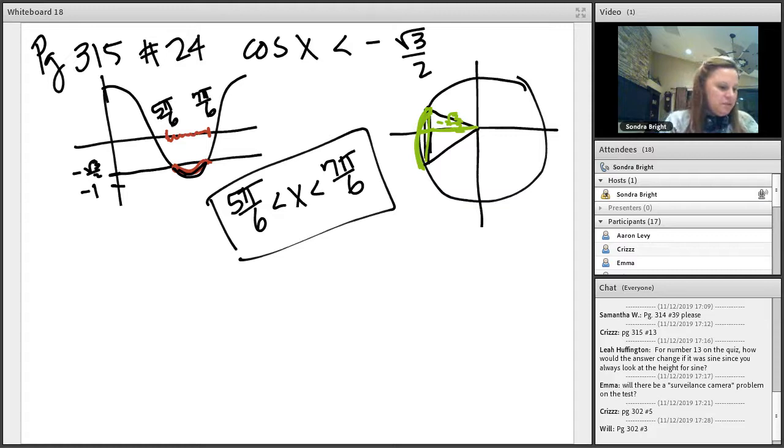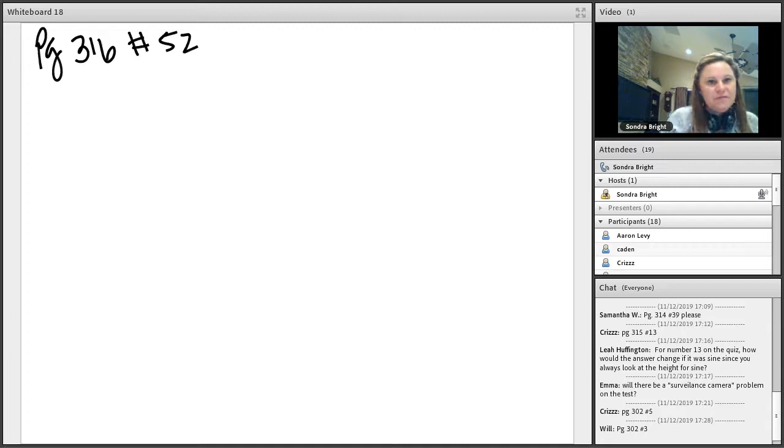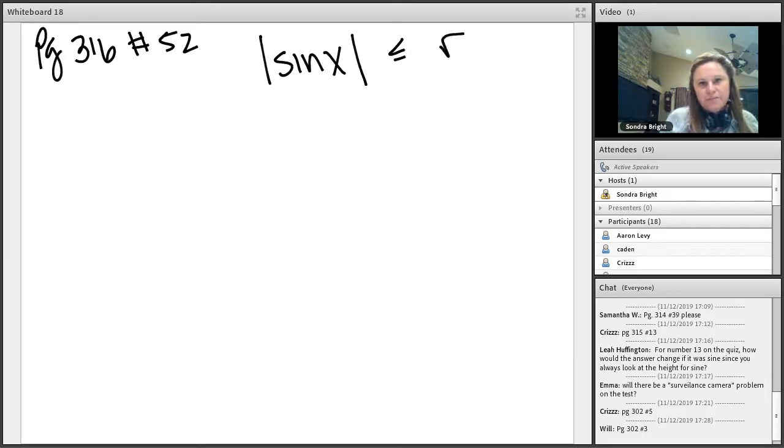316, number 52. All right, so now we've got absolute value of sine of x is less than or equal to root 3 over 2.